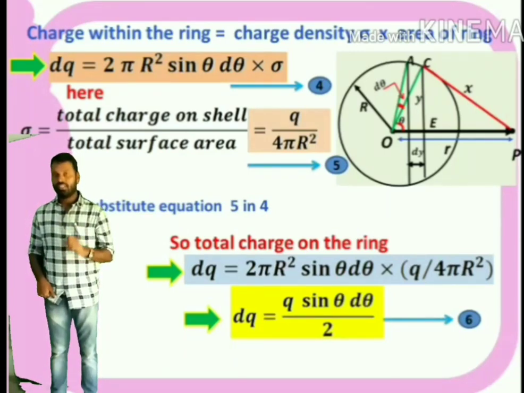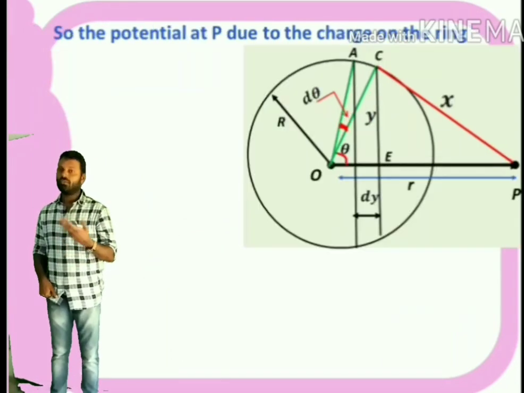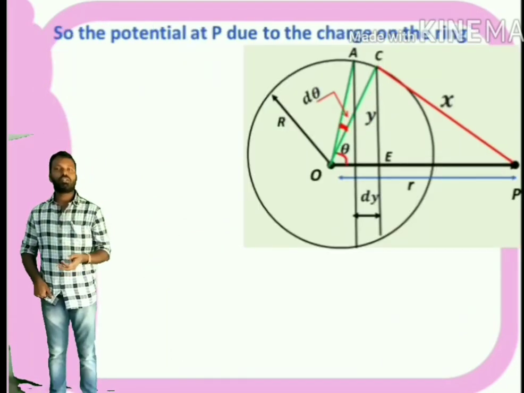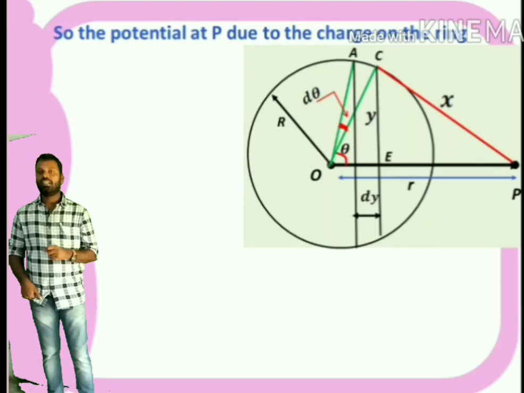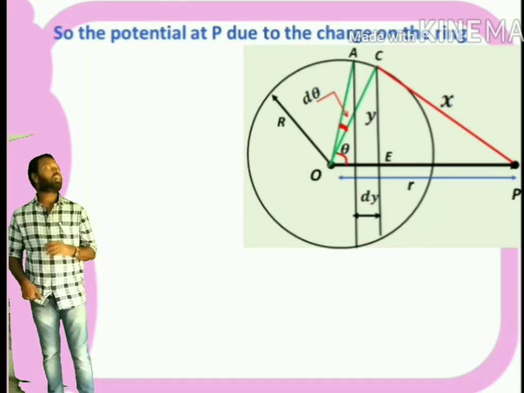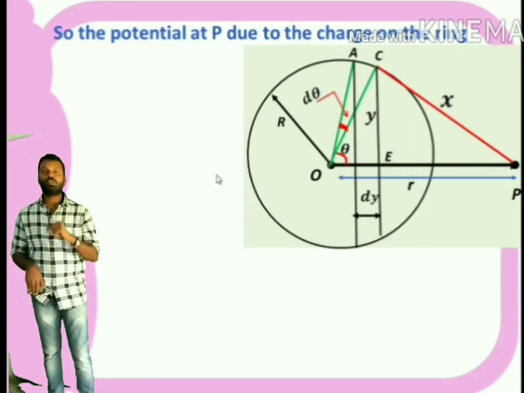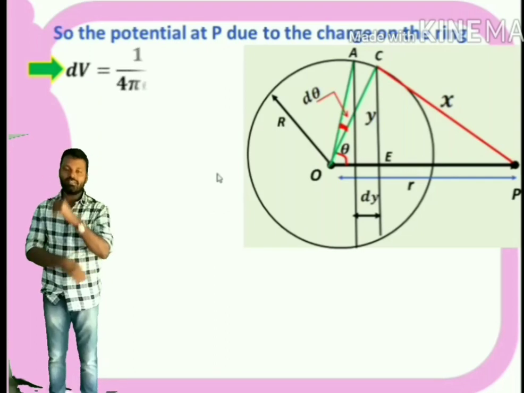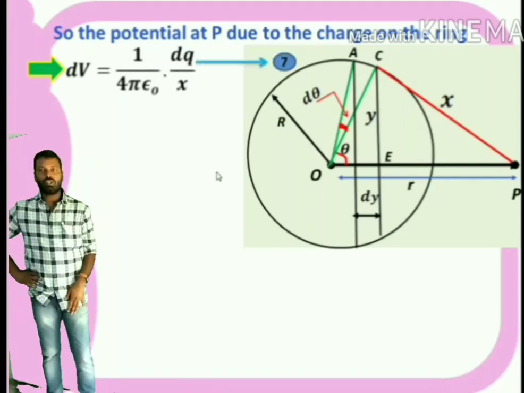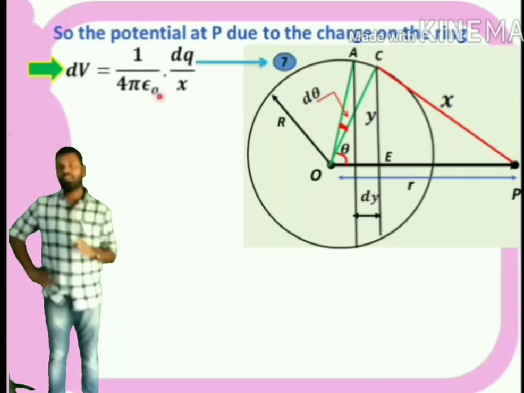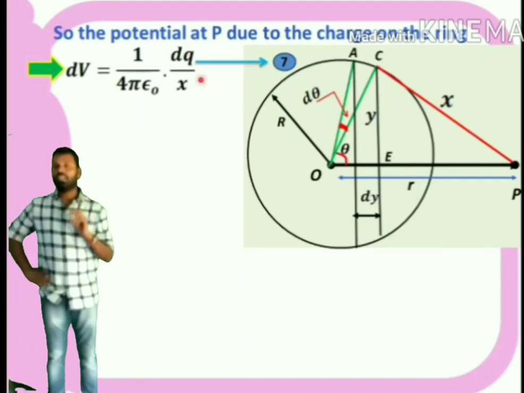So now what I found? Charge within the ring. Next what I have to do? Just I have to use potential formula. Now, the potential at point P due to charge on the ring is given by dV is equal to 1 by 4 pi epsilon naught into dq by distance, x here.